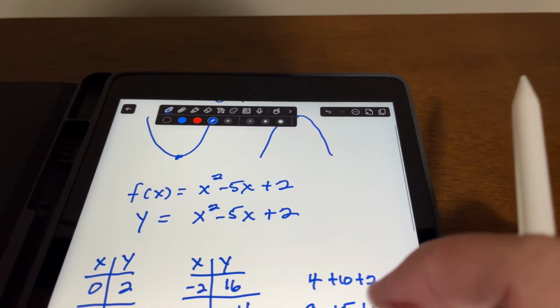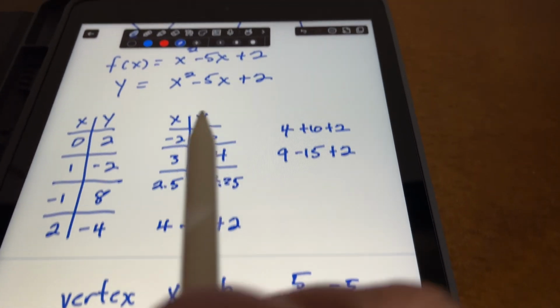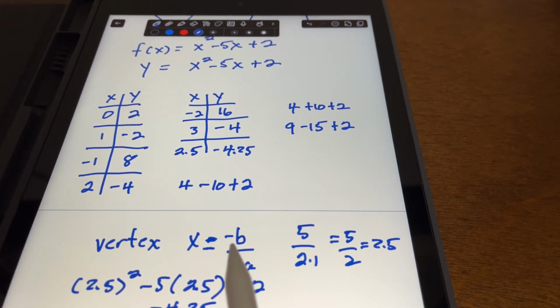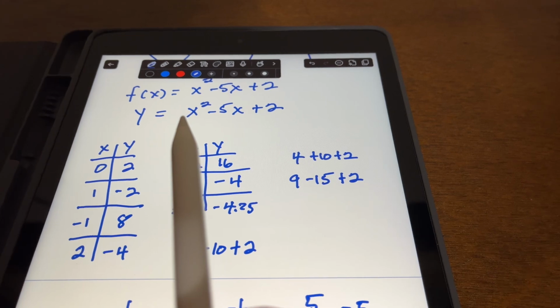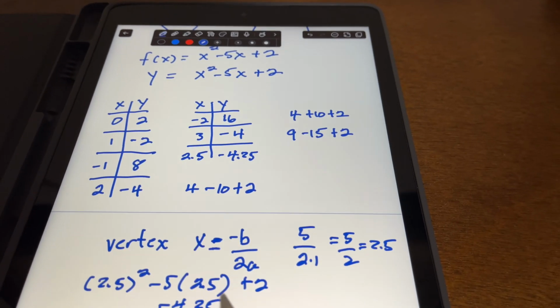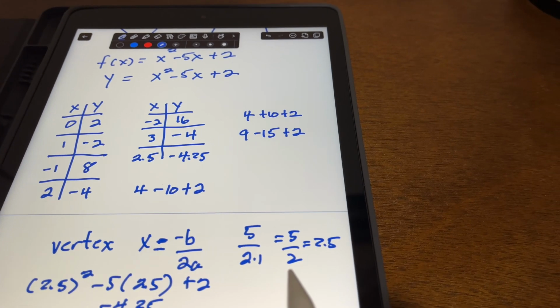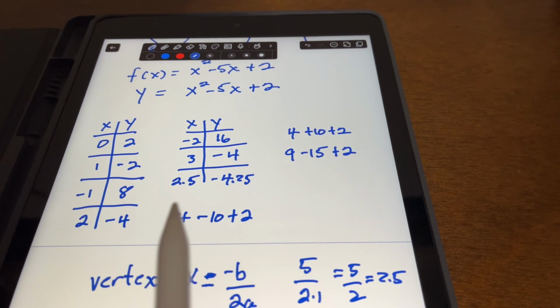So in this particular situation, the opposite of b is going to be 5 because b is negative 5. So the opposite of b is 5. And a is 1 because there's a secret 1 right there. So 2 times 1 is 2. So 5 over 2 times 1 is 5/2, which is about 2.5. So that's where the x value happens.